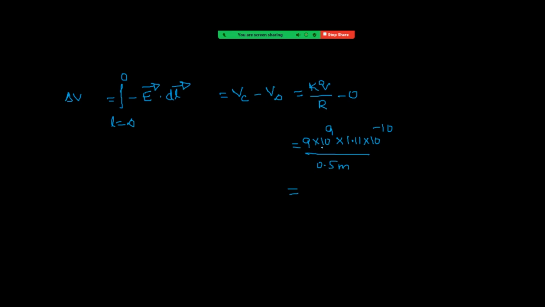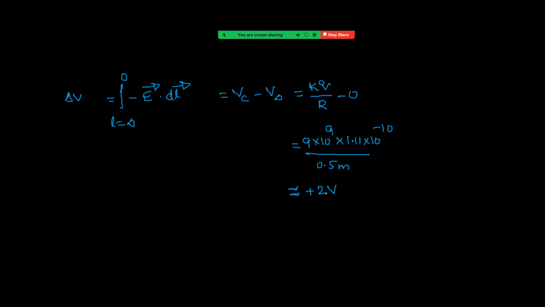Then see how much we get. Half, this is 9, this is 1.1. So this is approximately how much? It is plus 2, because 9 into 1.11 means 9.99, into 2 because half.